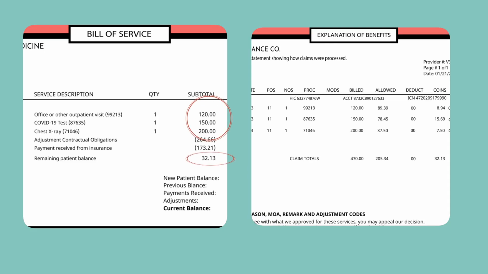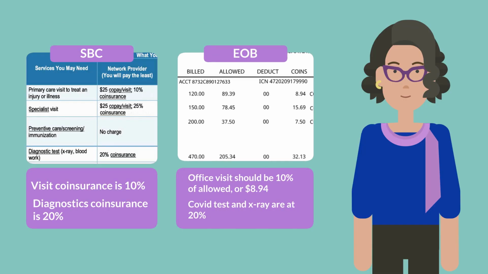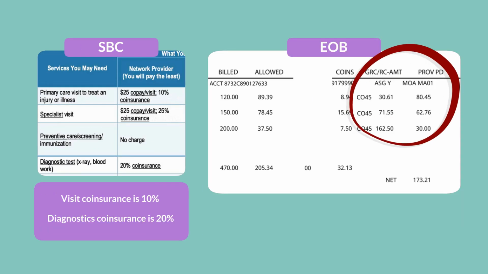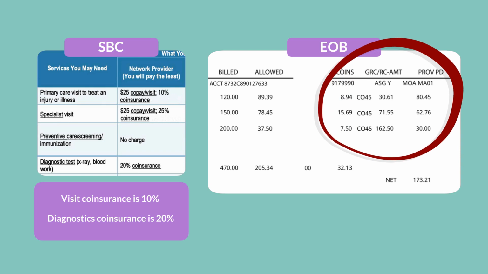We can see that the patient and insurance responsibility amounts are the same on the bill and the EOB. The amounts applied to coinsurance have been calculated correctly according to the SBC. The write-off amount and provider-paid amounts are consistent with the billed and allowed amounts, as well as the coinsurance charges.